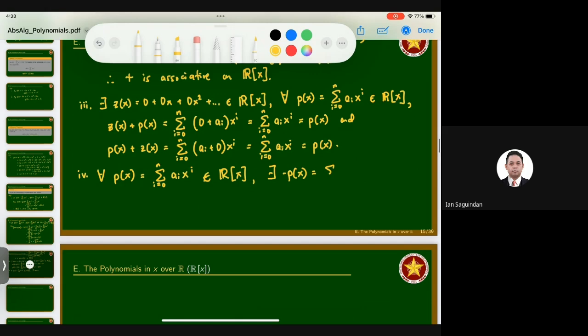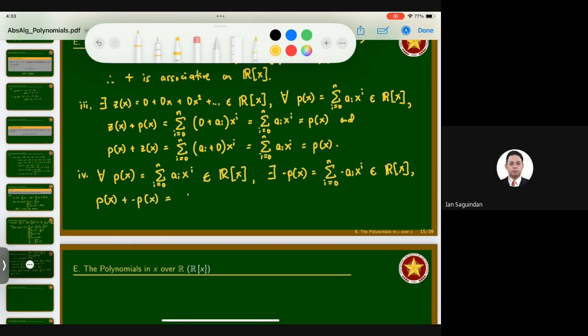So that takes the form negative, the summation of negative a sub i x to the i running from 0 up to n. Of course, they have the same degrees. And what will happen? p of x plus the negative of p of x.